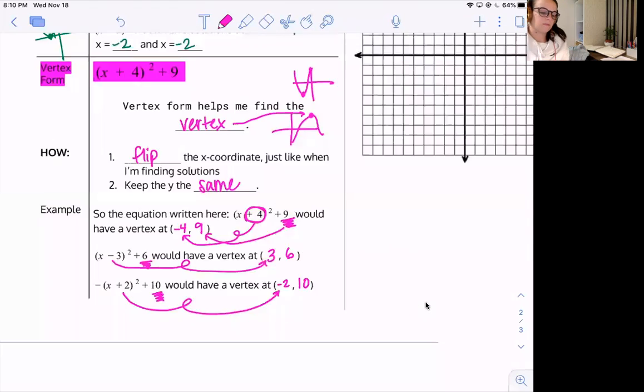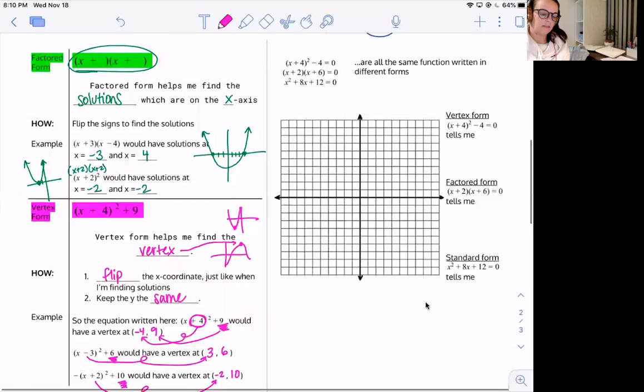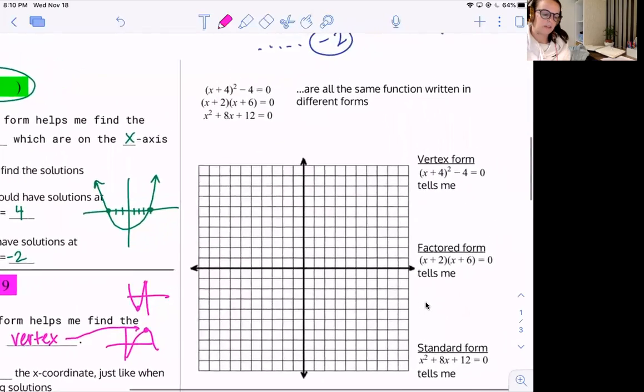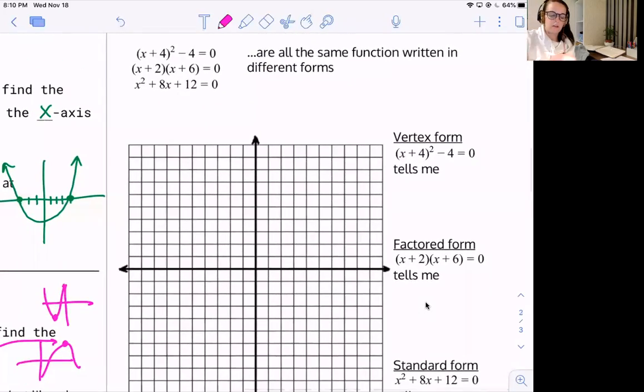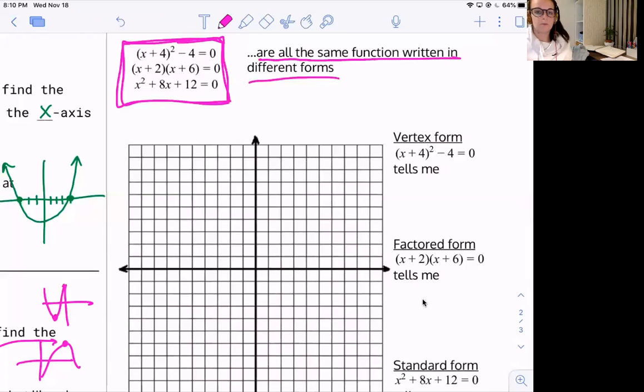Okay, so we're going to put all of these things together when we take a look at this graph. So all of these equations written down here are all the same function written in different forms. So if we put all of these in decimals, we'd get the exact same thing. We'd get the same line. So vertex form, this one here, tells me the vertex.